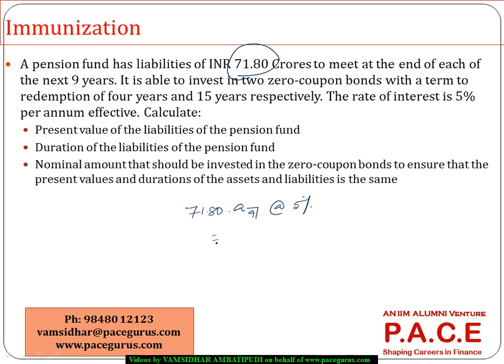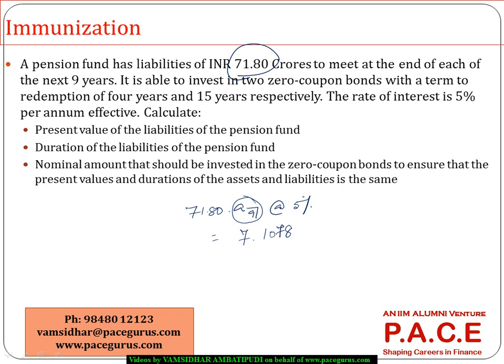Either I can compute the same, or I can get the value of A9 corresponding to the 5% interest rate from my actuarial tables. The A9 corresponding to 5% interest rate from the actuarial tables is 7.1078, right?